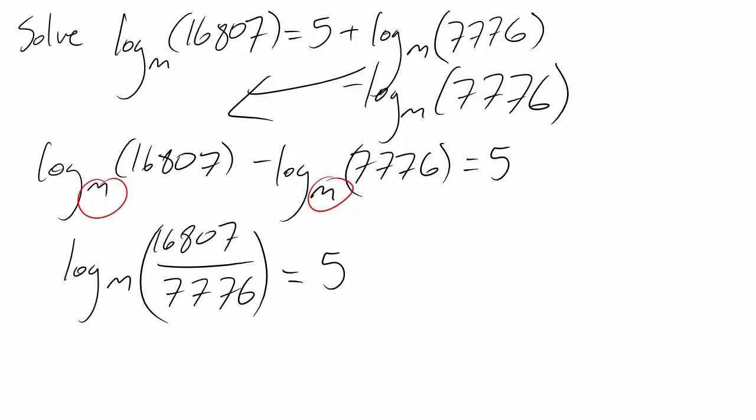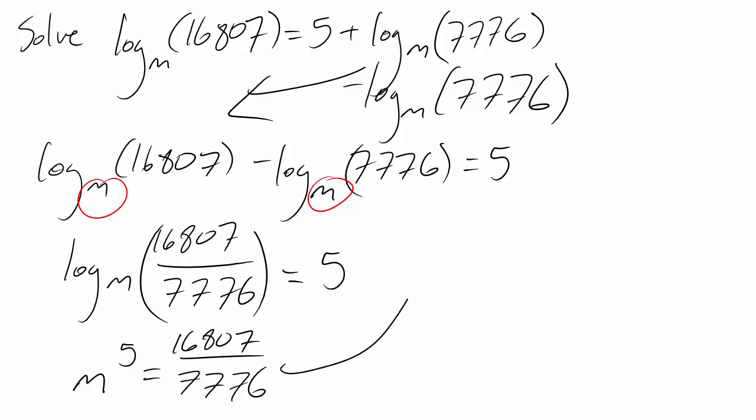We're going to take the base of our logarithm, which is m, and raise it to the 5th power, because again, this is based on the definition of a logarithm, and that's going to be equal to 16,807 over 7,776.